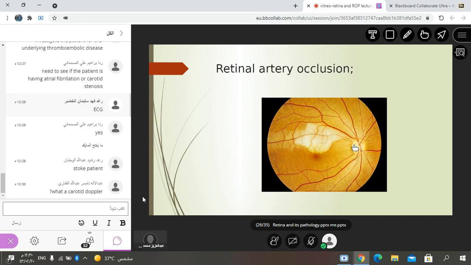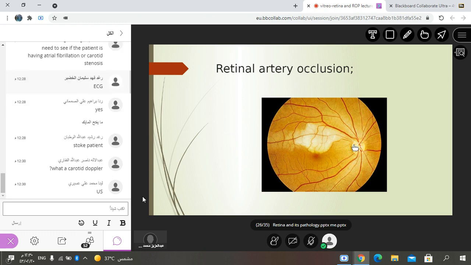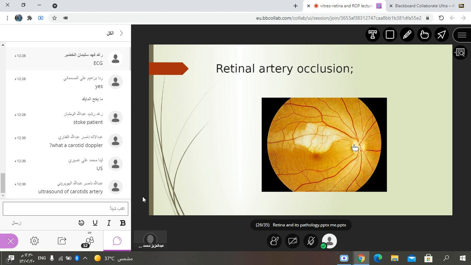So what is carotid Doppler? Is it a CT scan, an MRI, what is it? Excellent, it's an ultrasound.